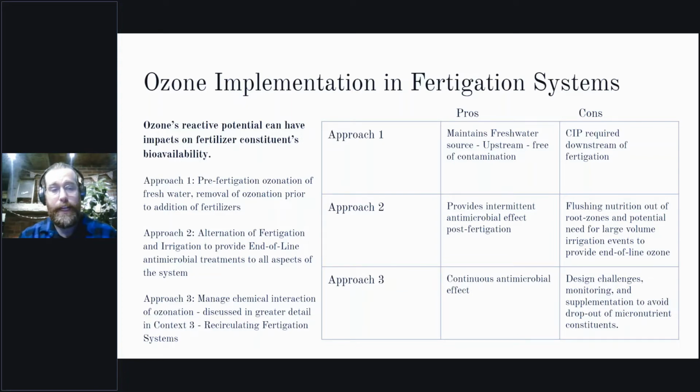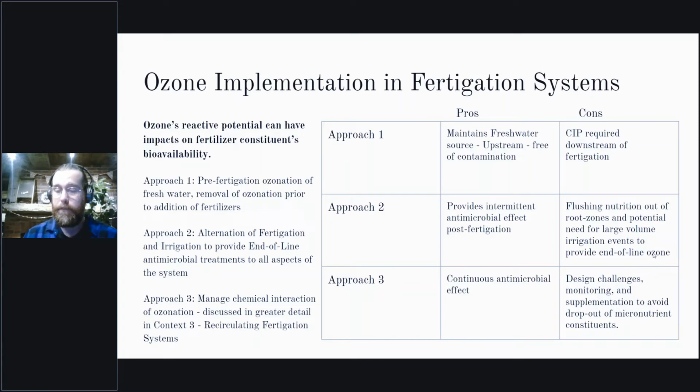And approach 3 is to manage the chemical interactions of ozonation. And we'll discuss this in greater detail in context 3, which is the recirculating fertigation system. But this is the holy grail, if you will, the continuous antimicrobial effect to all aspects of the system.